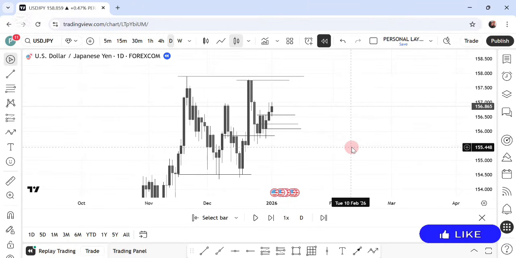When you get your valid reaction and a rejection, you can choose to take them out. Again, don't forget, in this particular teaching I'm sharing with you right now, we are not going to be making use of CRT, because CRT is not formed in this teaching. But if along the line we see a CRT, we'll make use of it, because most of my teachings have been crafted around daily CRT.